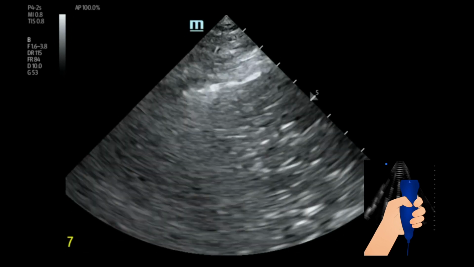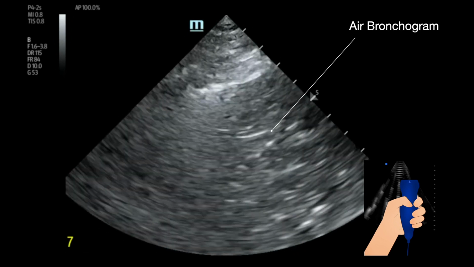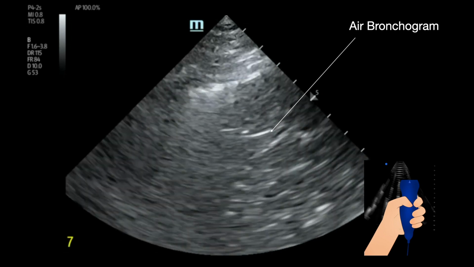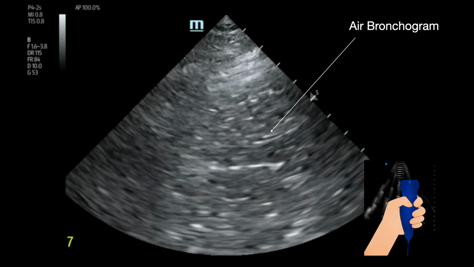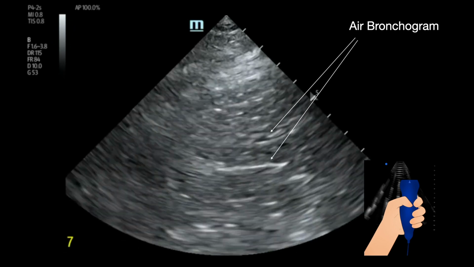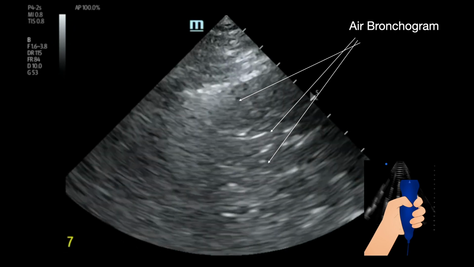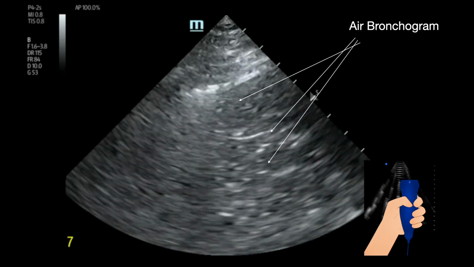In here, we have a different slide, and we have air bronchogram. Again, sometimes you can see that the air bronchogram is associated to a darker area, which is the interface between fluid and air, and we can see the lung parenchyma all over the whole area.